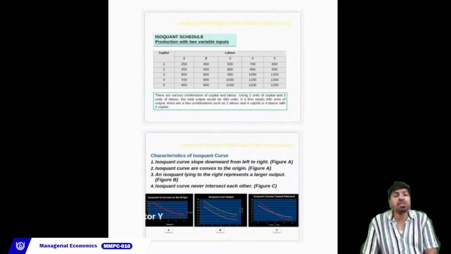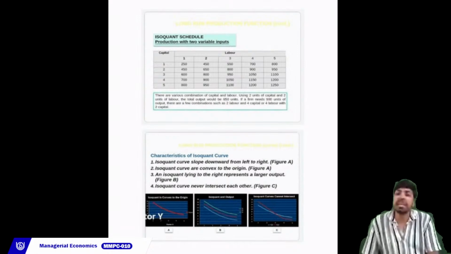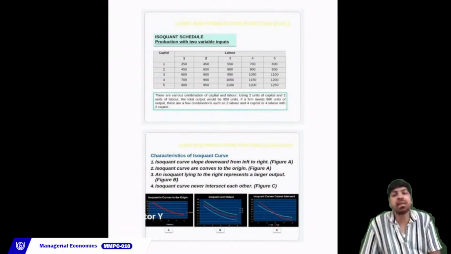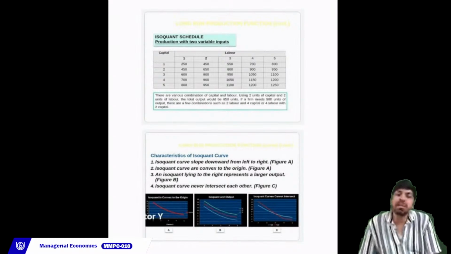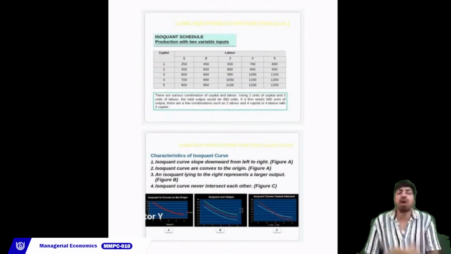If any firm needs 1100, it can combine 3 units of labor and 5 units of capital, or another option is 5 units of labor and the third unit of capital. So these are the options of combinations given, that is, labor and capital.